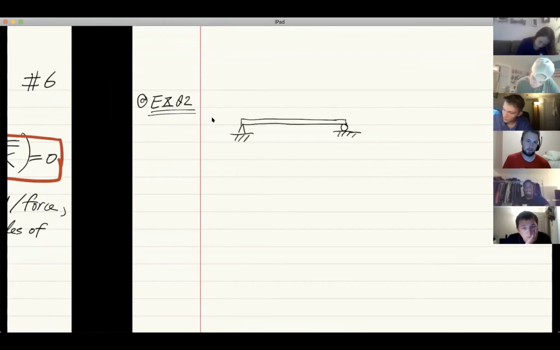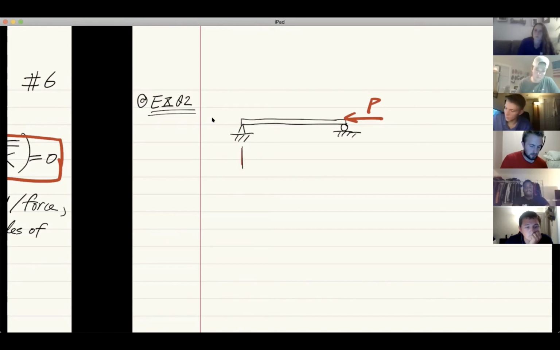And in this case, the force is actually acting from the right. So let's put the force here, acting like this.